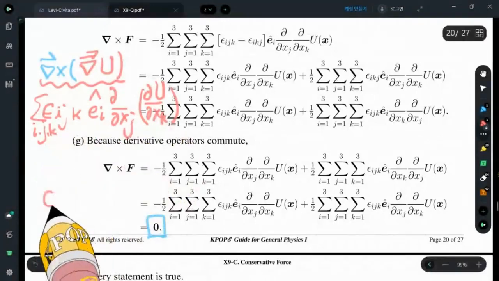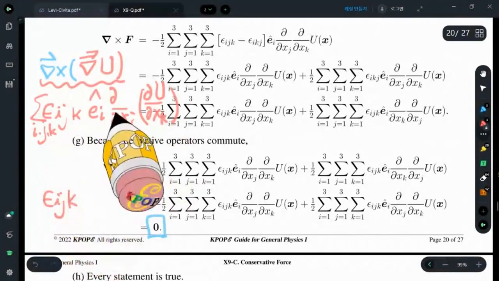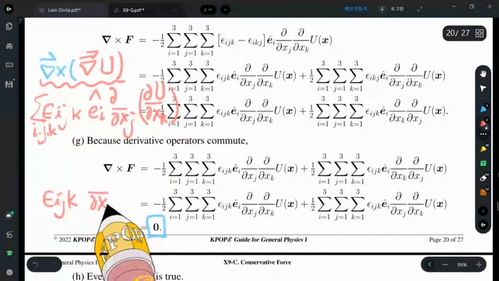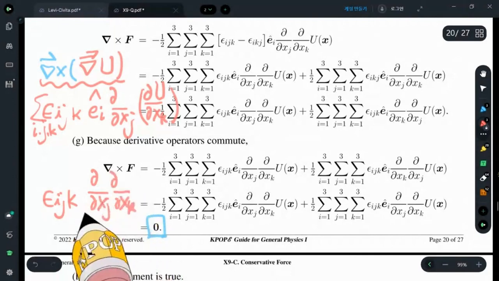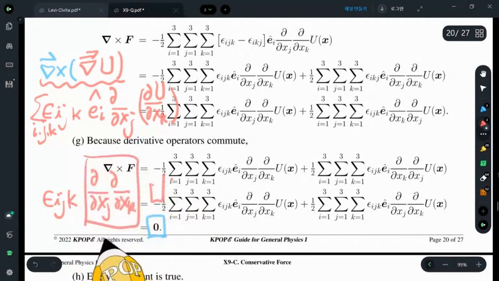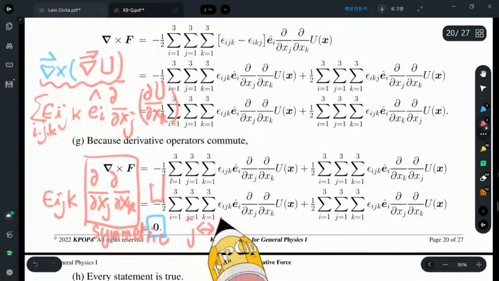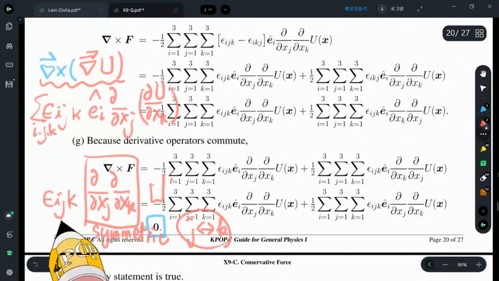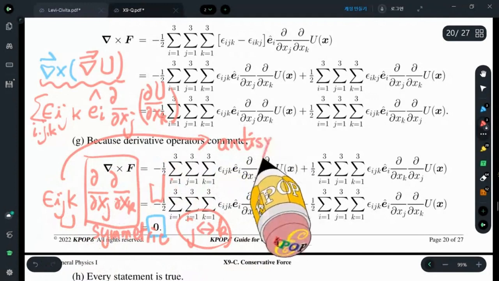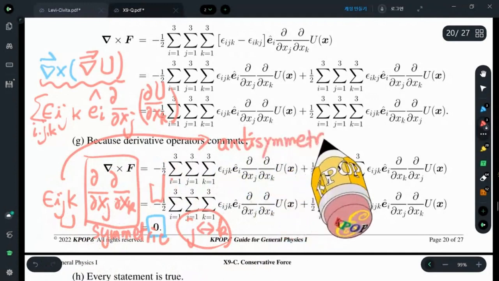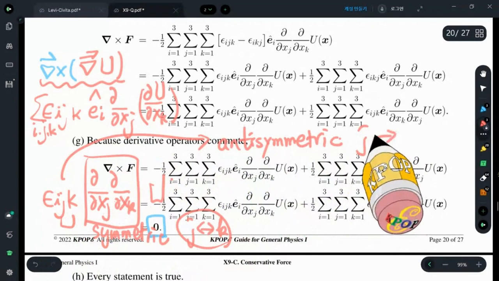You will find this epsilon ijk, and we have two derivatives, x_j and x_k. Second order derivative of potential energy. This one is symmetric under exchange of j and k, and this is anti-symmetric on the exchange of j and k.